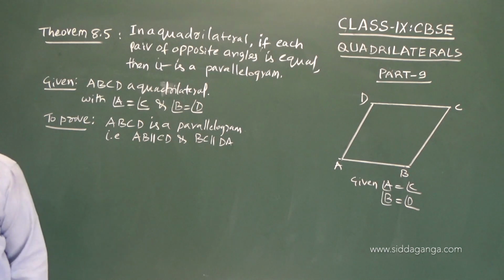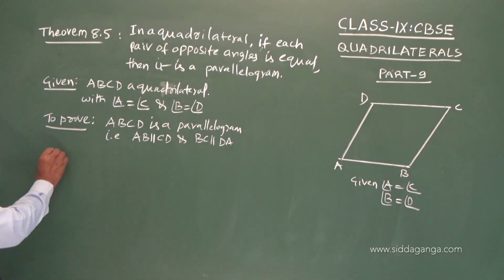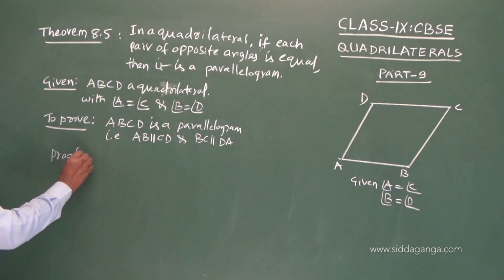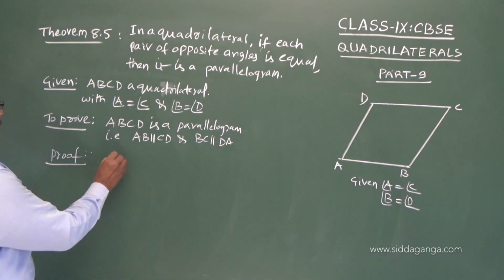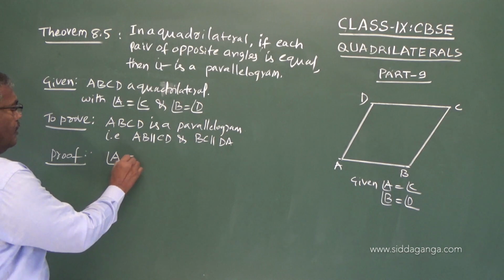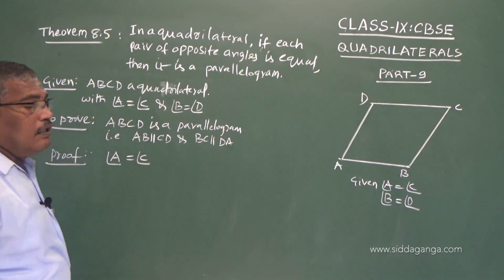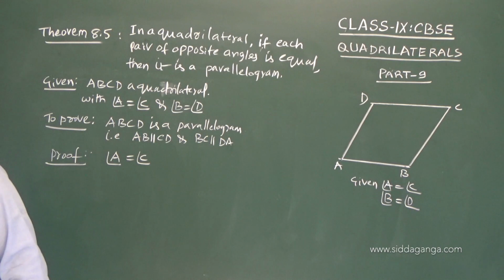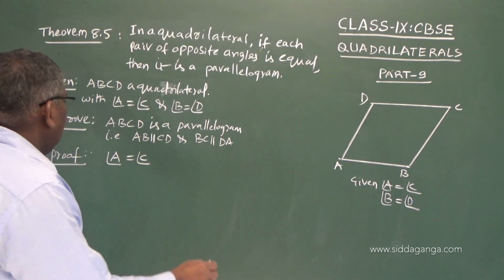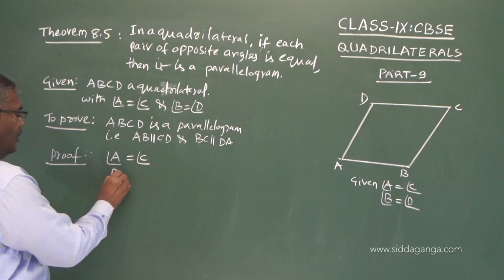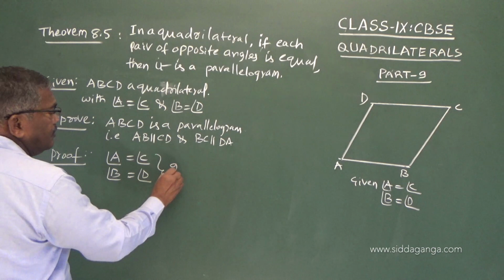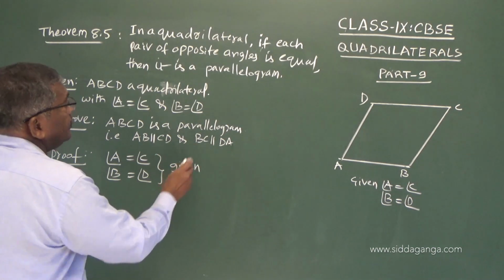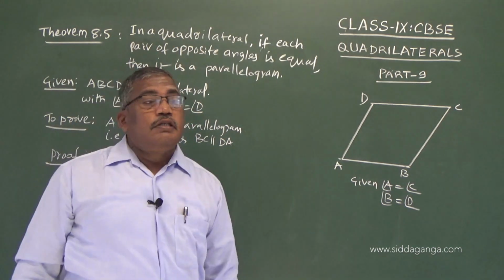Now, proof. Angle A equals angle C, and angle B equals angle D. This is given in the theorem itself.